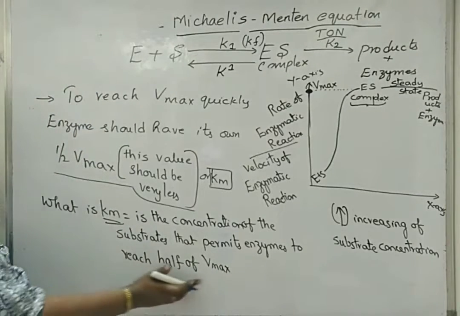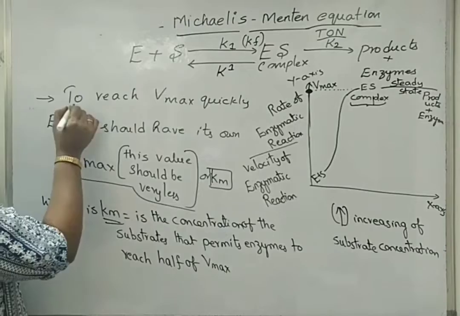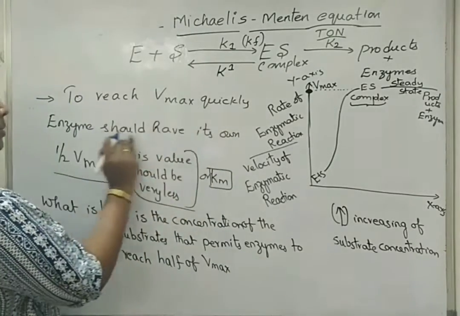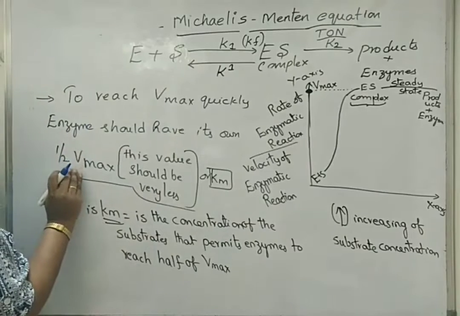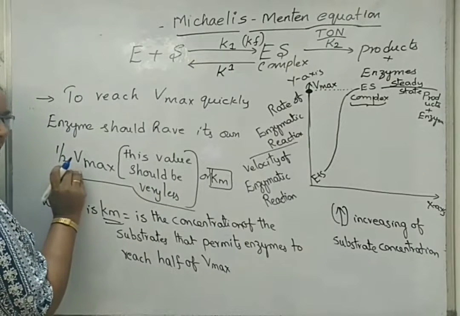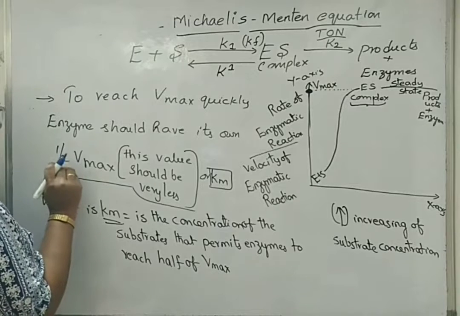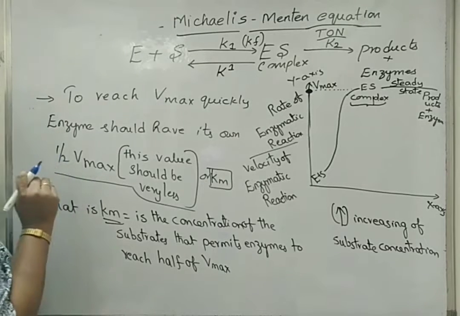See, here we have written half of Vmax. The same thing I have written here. To reach maximum velocity quickly within less time, the enzyme should have its own half Vmax. Means within very less time, 50% of the active sites should be able to get occupied by the substrates.